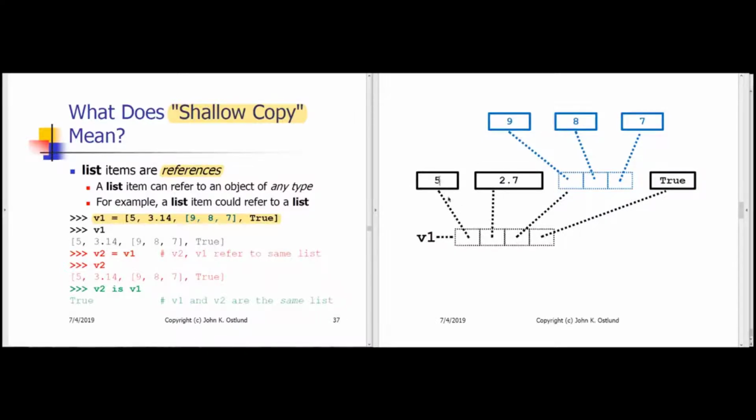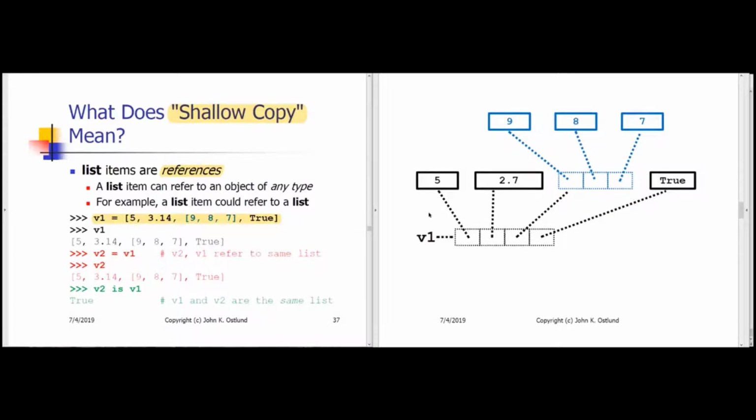So we have a reference to 5, a reference to, now this is a typo, obviously. This should be 3.14 rather than 2.7. And we have a reference to a list which in turn contains these 3 references to 9, 8, and 7. And finally a reference to true.